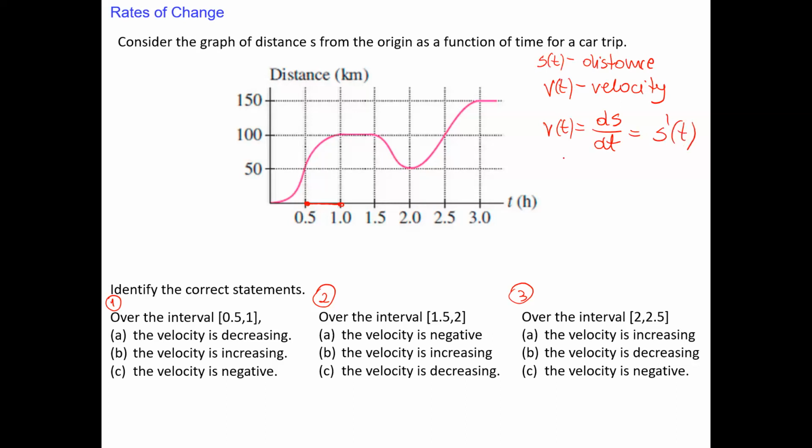Or graphically we can say the slope of the tangent line at the particular point. If you see this type of question, velocity, you can think slope of the tangent line to this graph.